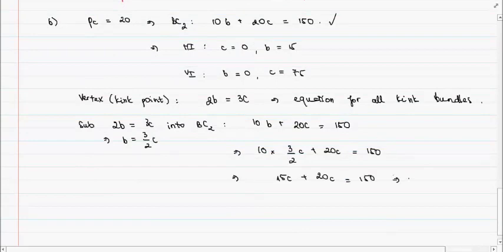So I got 35C equal to 150, and so therefore C is going to be, sorry, I just have to use a calculator. 150 divided by 35, divided by 5, will give me 30 on 7.